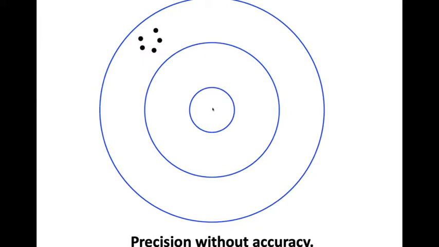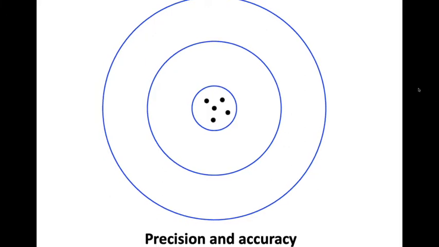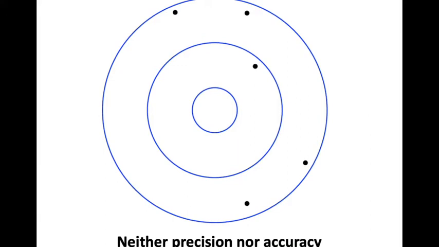You're not hitting the target, hence there's no accuracy, but the points are close to each other, showing precision. This one shows both accuracy and precision because you're hitting the target and the points are close to each other. This one shows neither because you're not hitting the target and the points are far from each other, so they are not precise as well.